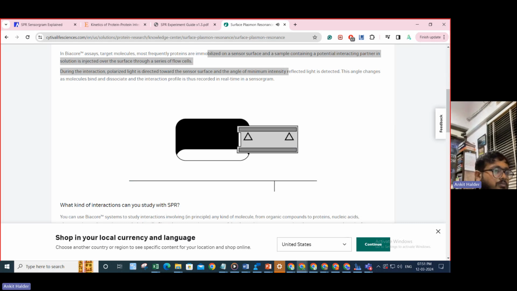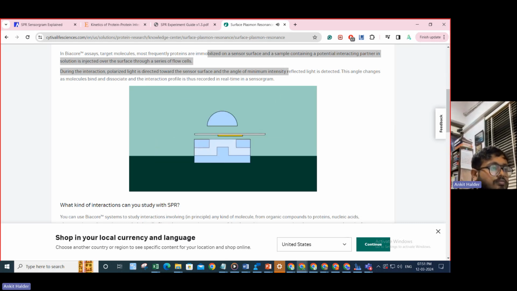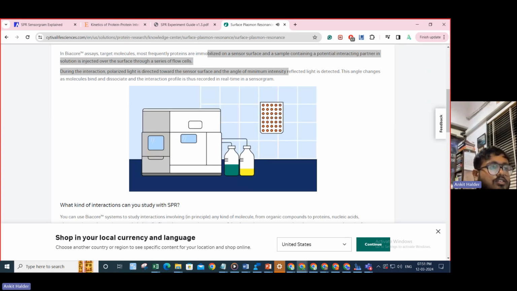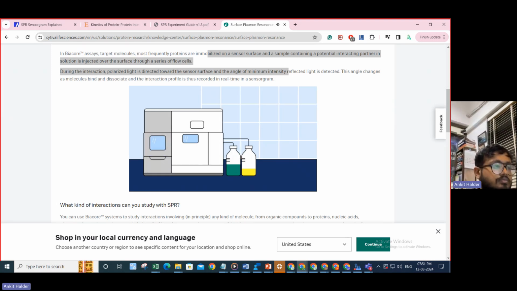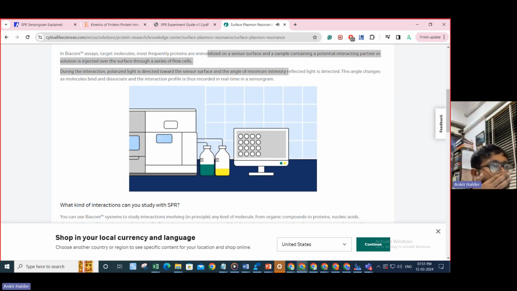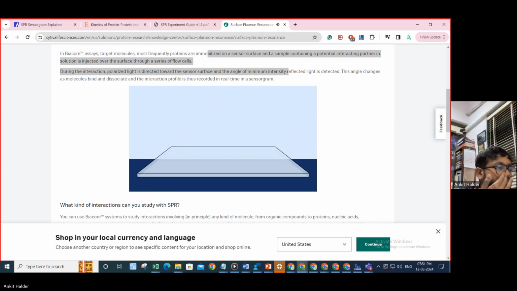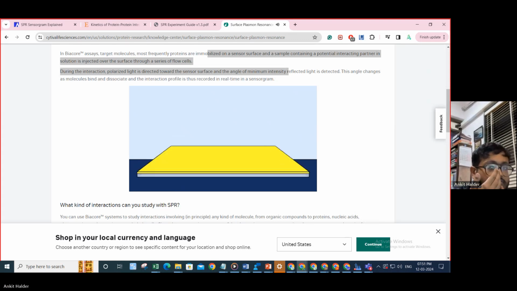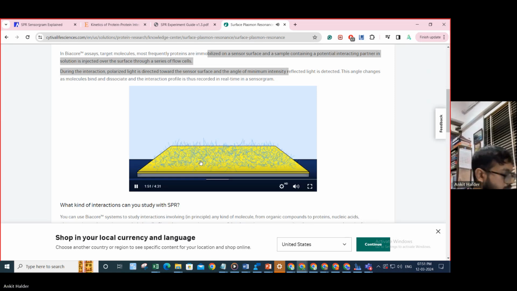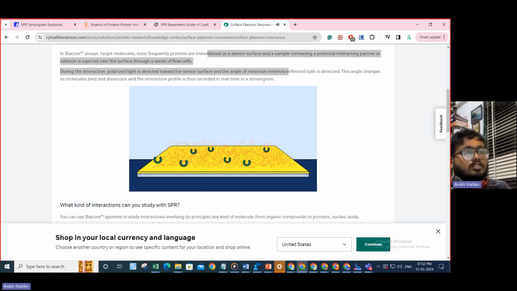So this is the chip which you placed. Angle of minimum intensity of reflected light: the angle changes as molecules bind.